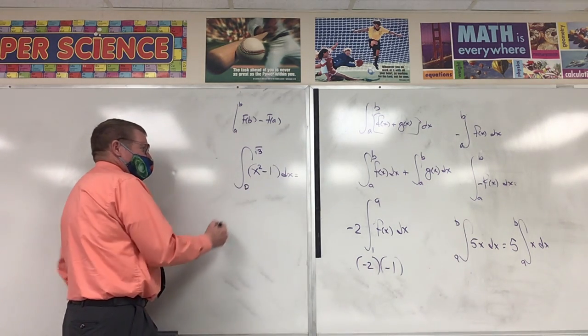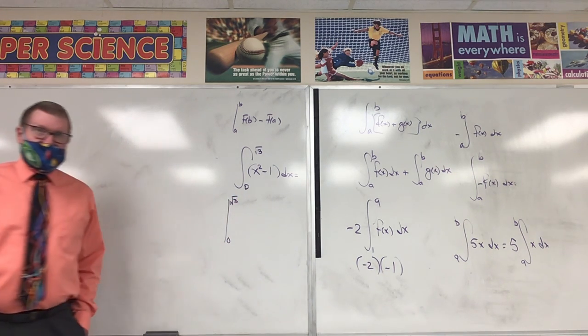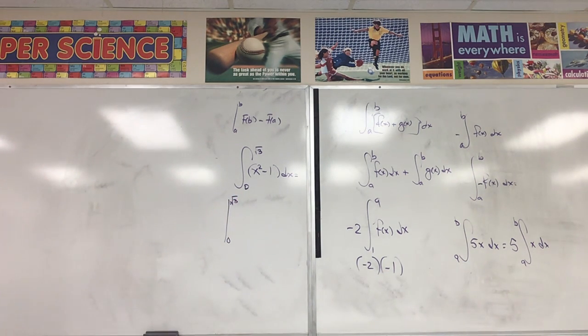The antiderivative is the opposite of the derivative. How do I find the derivative? Take the exponent, multiply it to the front, subtract 1. And how do we find the antiderivative? By adding 1 to the exponent and dividing by the new exponent.